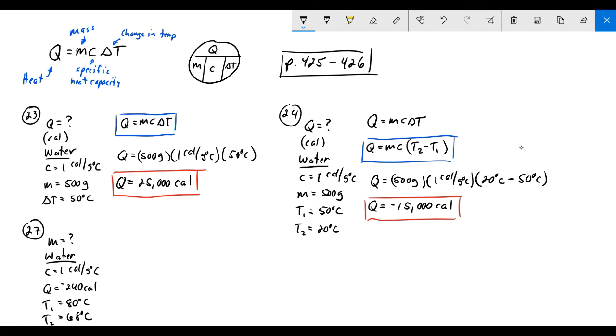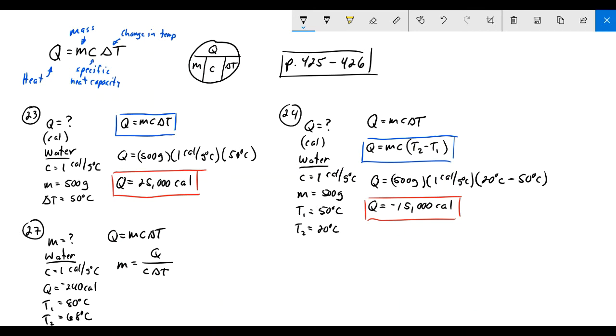Now for this problem, we've got Q equals MC delta T, but we need to solve it for M. So we can use a little bit of algebra, or we can use our triangle trick up here. If we cover up the M, then we can write M equals Q over C delta T. Now there's one other thing we should do.